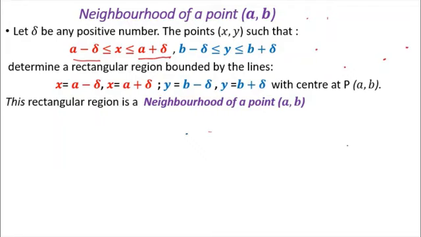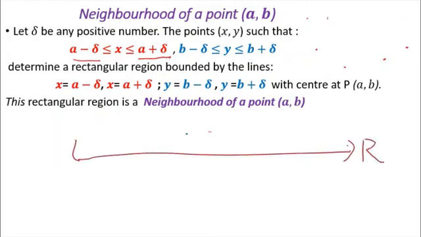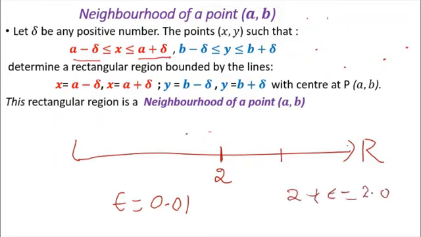Let us try to understand now the neighborhood of a point (a, b). In the introductory lesson, I explained the neighborhood of a point a on a number line. When we take a real number line and consider a point, for example 2, and take epsilon equal to 0.01, then 2 plus epsilon means 2.01, and 2 minus epsilon means 1.99.